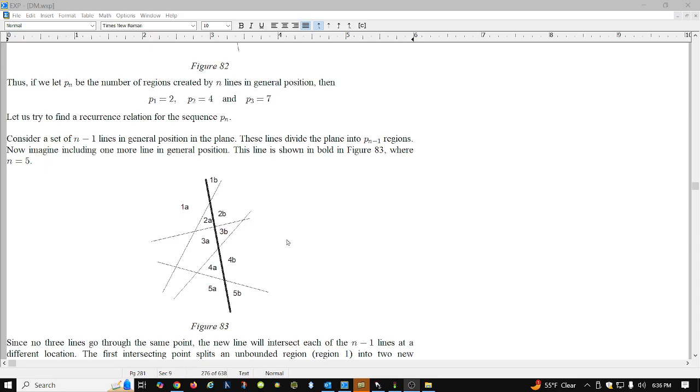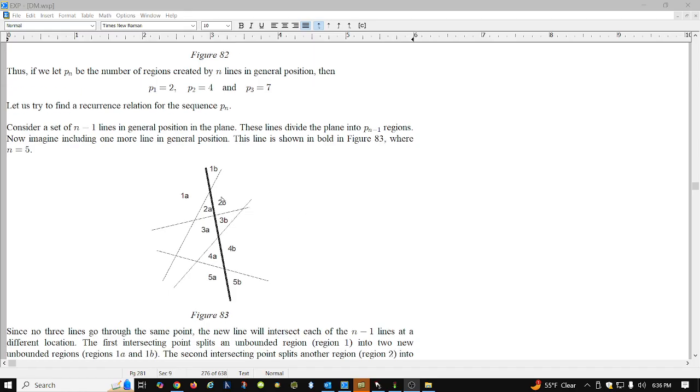Since no 3 lines go through the same point, the new line will intersect each of the n minus 1 lines at a different location. In other words, the black line here can't intersect at a point of intersection of existing lines, because then all 3 would go through the same point.